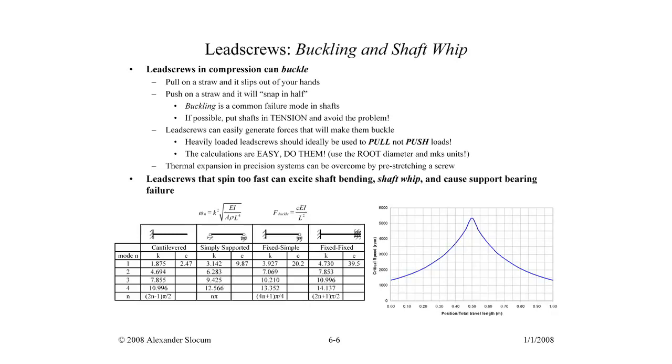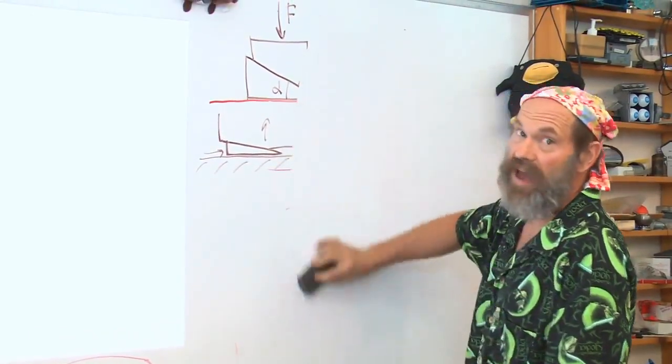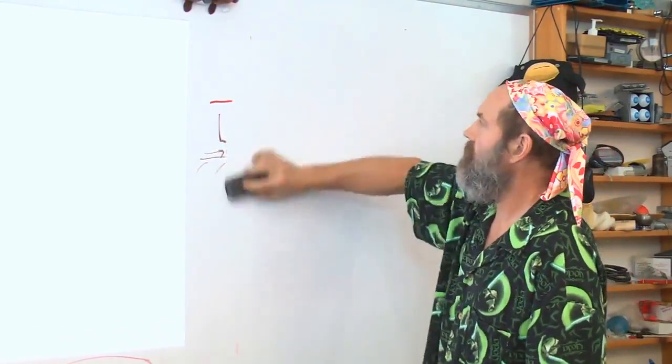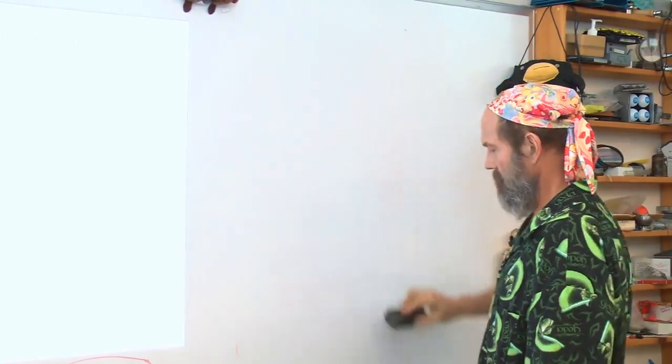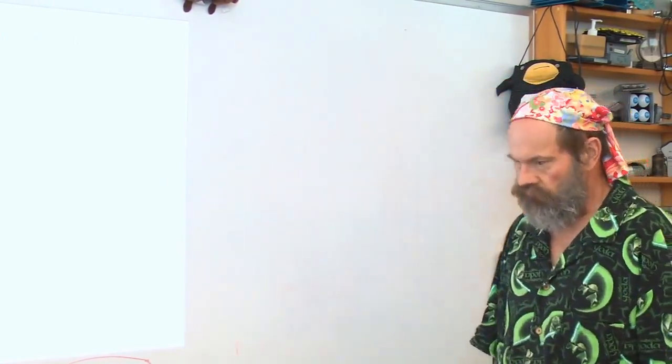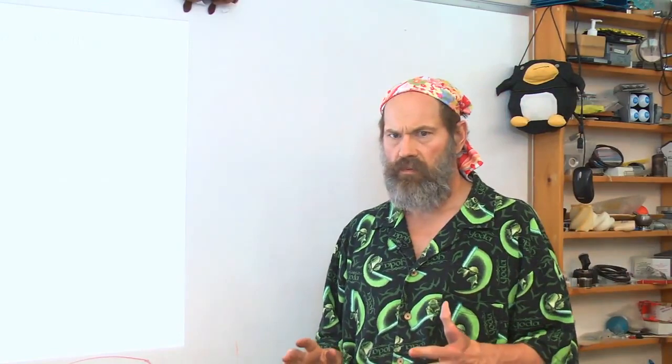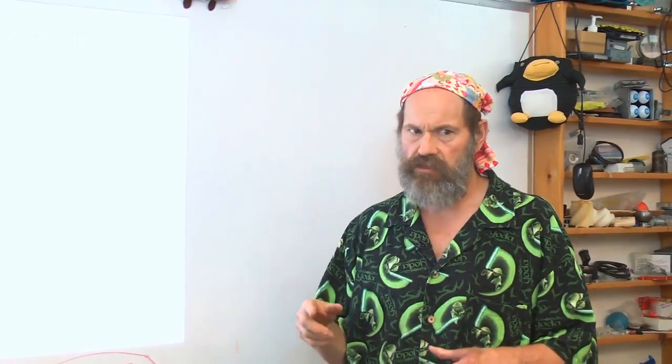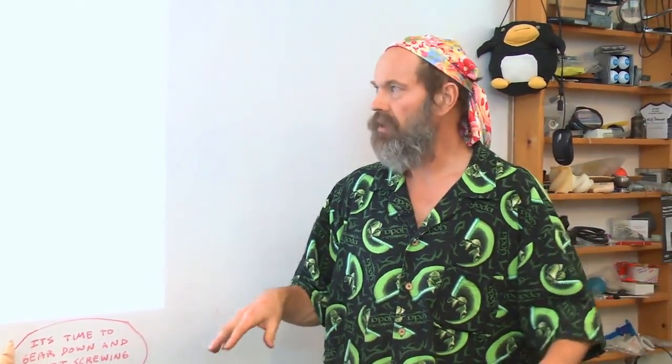Okay, so back on the functional requirements of this system, we said we want to move fast. Very fast. Well, we want to be careful. We know that if we go too fast, things can start shaking and rattling. And there's a condition called shaft whip.